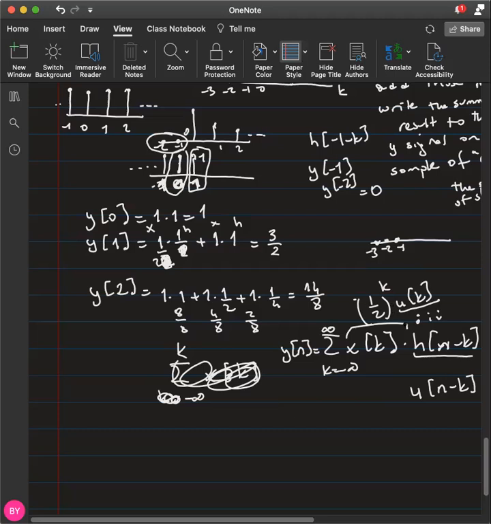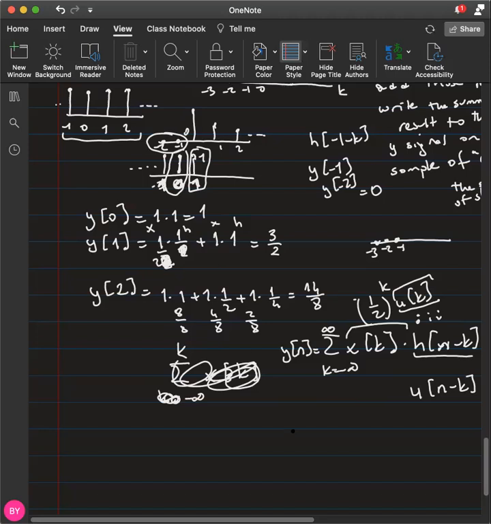So I'm going to write this formulation right now. So this is u of k. This is u of n minus k. What is u of n minus k? This was u of n minus k when n is equal to 2.